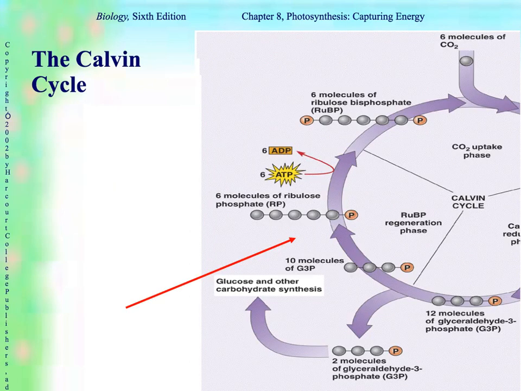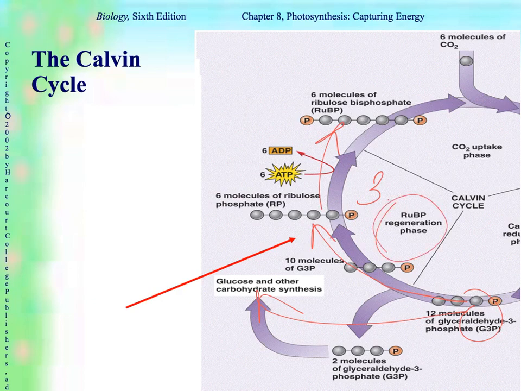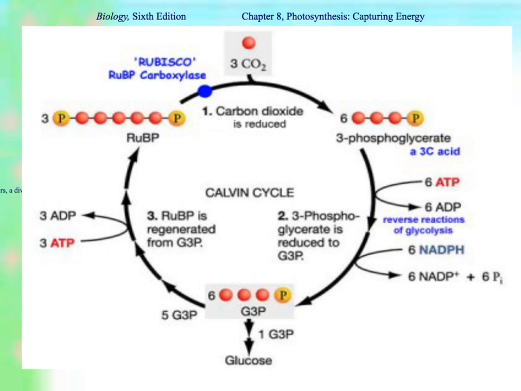So stage 3, the RuBP regeneration phase, shows that G3P can go ahead and make glucose, or it will turn into RP and then back to RuBP. So there is a separate little pathway there. But otherwise, the whole cycle is making that RuBP again so that it can combine with carbon dioxide and start stage 1 again. Here's a picture I found online of all 3 stages.